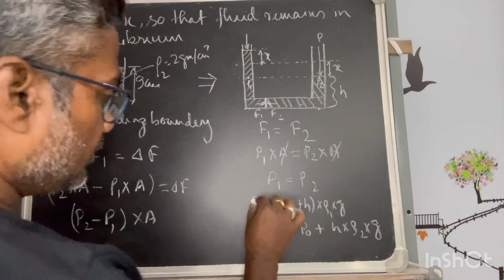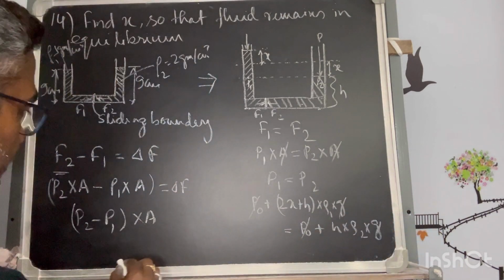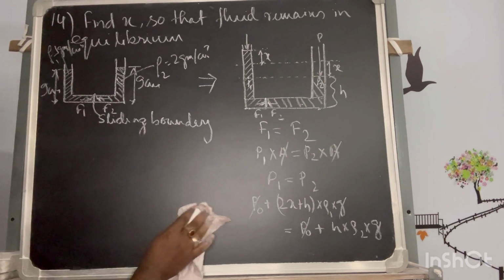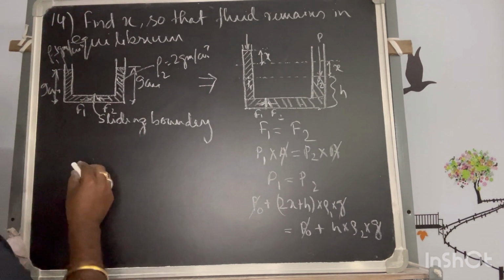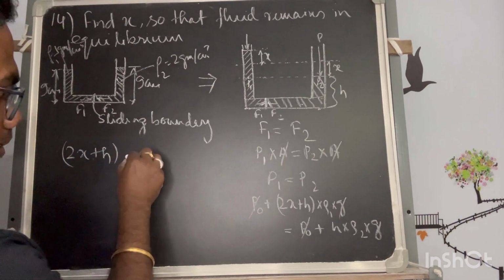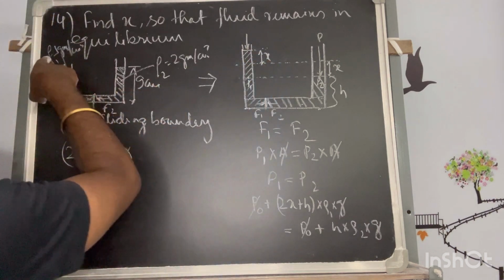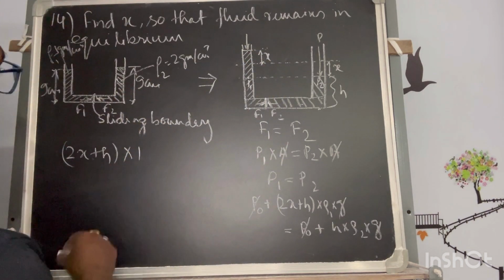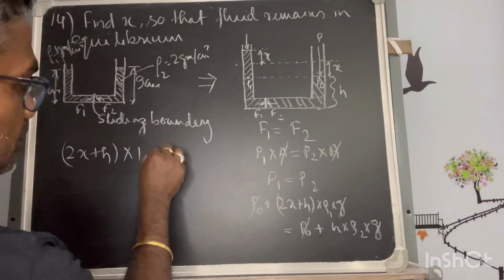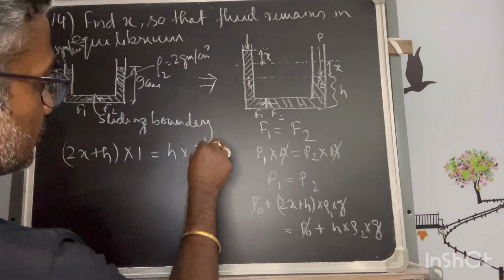Okay. Now P0 will not take part. G cancelled out. So ultimately 2x plus h into rho 1, means the density in this arm. This is rho 1, so this is 1 gram per centimeter cube, is equal to h into this arm, it is 2.